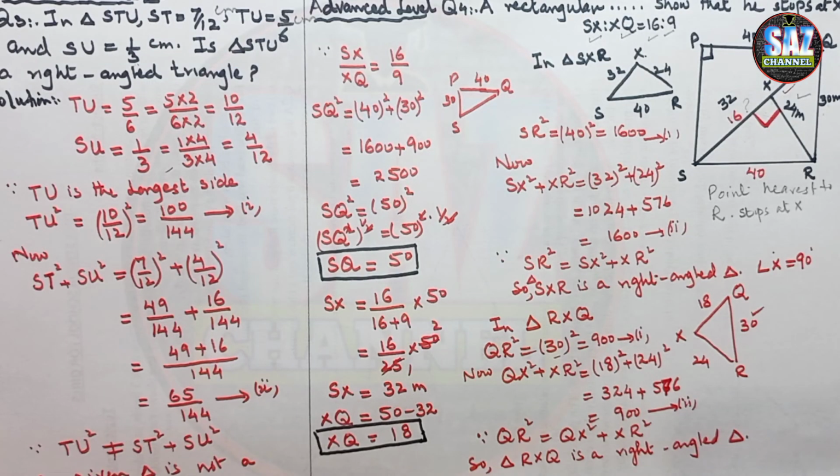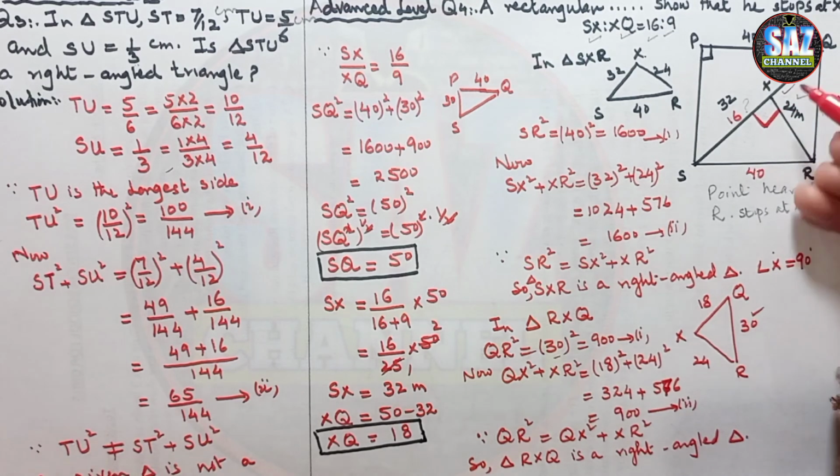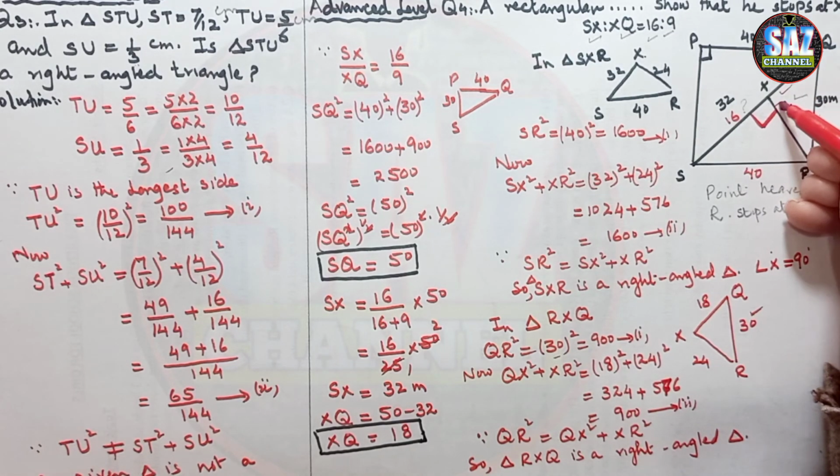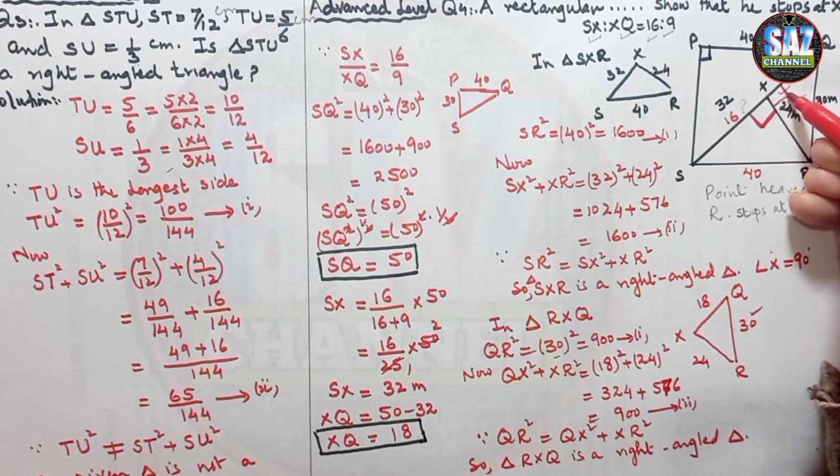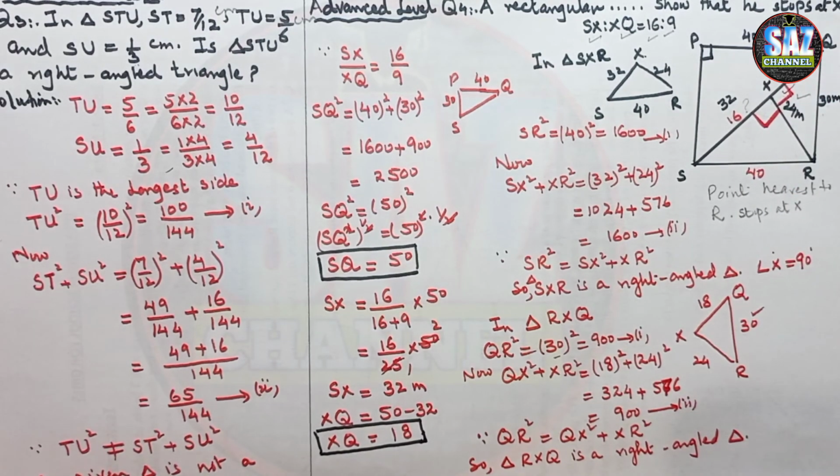Now we have to decide at what vertex we are getting the angle of 90 degrees. If we look at all the lengths 30, 24 and 18, 30 is the longest side. So the angle opposite to 30 will be the right angle. So again we are getting the right angle at this position. And let me mark over here as well, angle X equals 90 degrees.